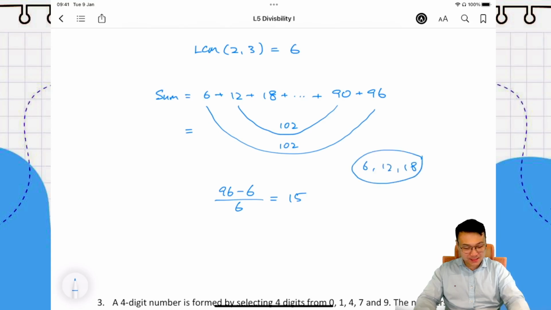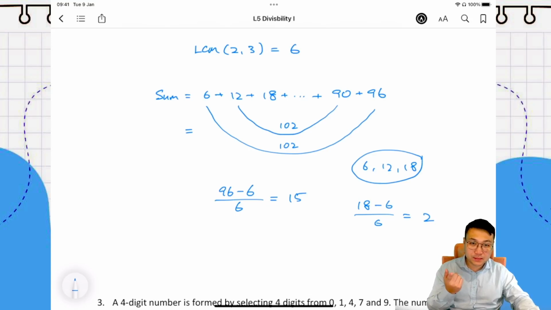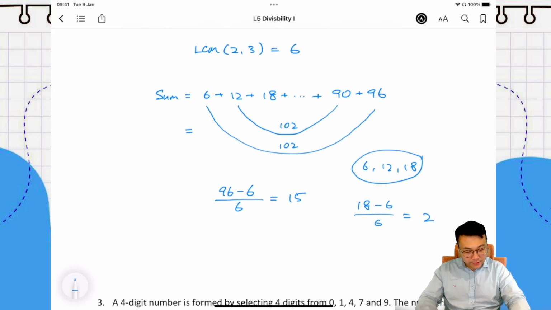Tell me how many numbers are there from 6 to 18? 3 numbers. Okay, let's calculate. No, there's only 2 numbers. Am I correct? No. What must I do to make it correct? Plus 1. So how many numbers are there from 6 to 96?